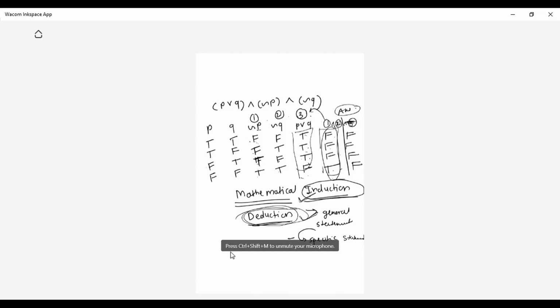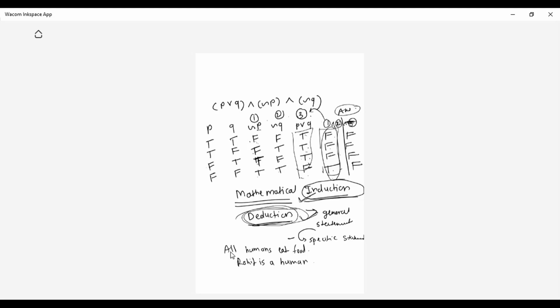Suppose I say all humans eat food. That is a general statement I'm saying. Another general statement: Rohit is a human. So these general statements we are having, student.